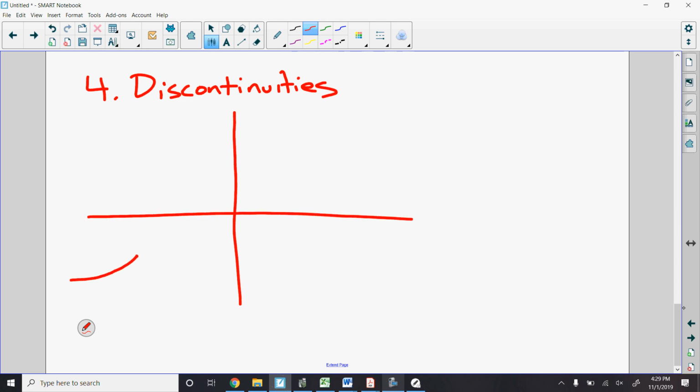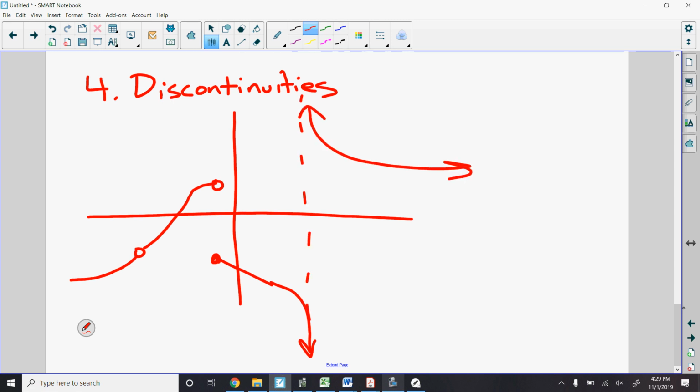So again, whether it's a hole or a jump, any kind of discontinuity that we have automatically means the function's not differentiable there.